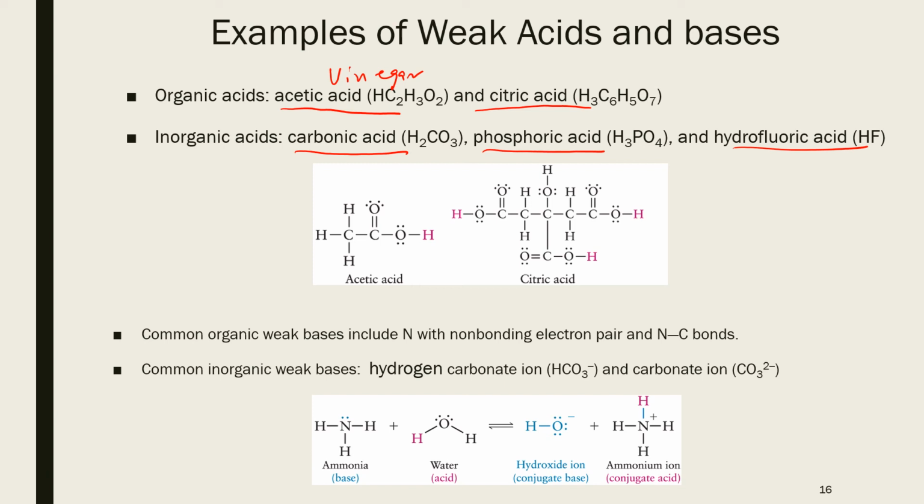Common organic weak bases include nitrogen with a non-bonding electron pair and with nitrogen and carbon bonds. Common inorganic bases include hydrogen carbonate ion, also known as bicarbonate, and carbonate ion. Ammonia is also a weak base, as we saw earlier in this chapter.